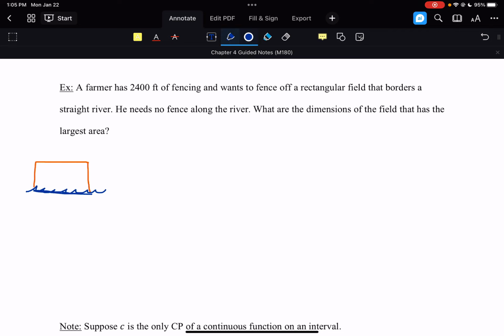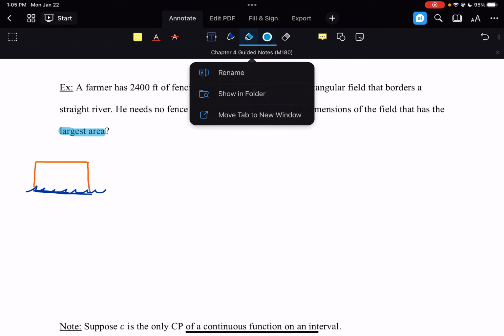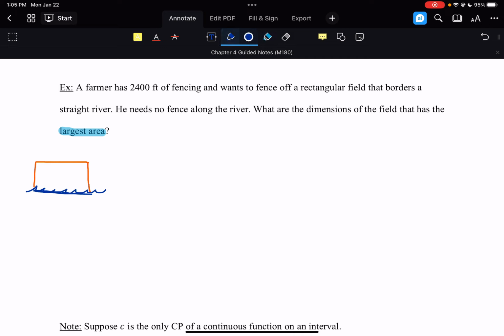So what are we trying to maximize or minimize here? We want the dimensions of the field that has the largest area. So this expression right here, this is what tells us we're trying to maximize area. So the area of this rectangle.